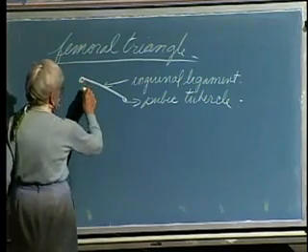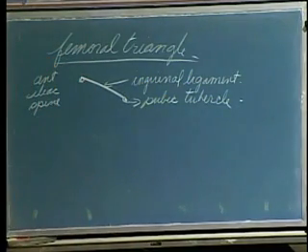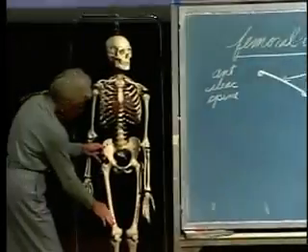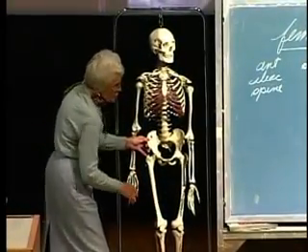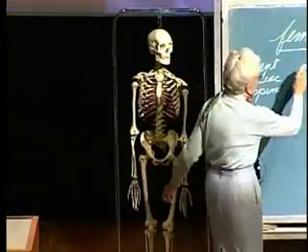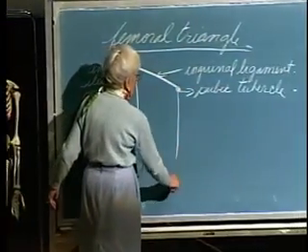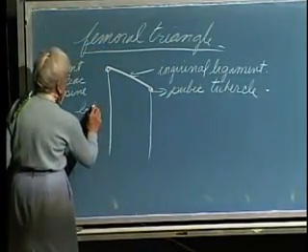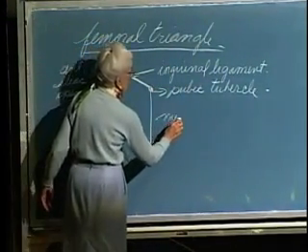And since we know this is at the superior aspect of the muscles of the anterior thigh, we can put a line here and a line here, and this will be lateral, and this will be medial.